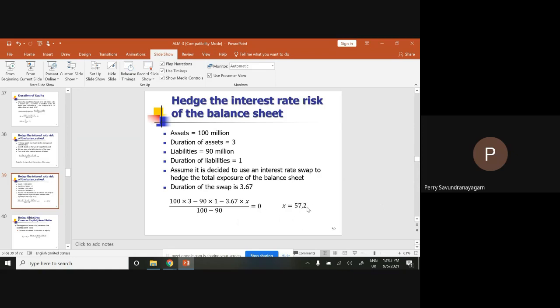Now, does it mean that you have to go and borrow, create deposits for 57 million? How do you hedge that?